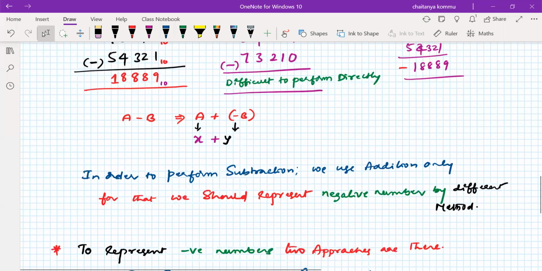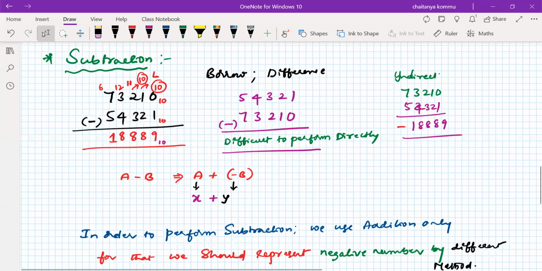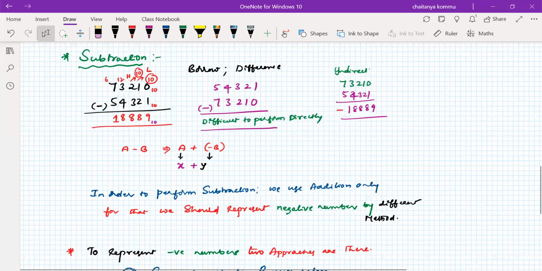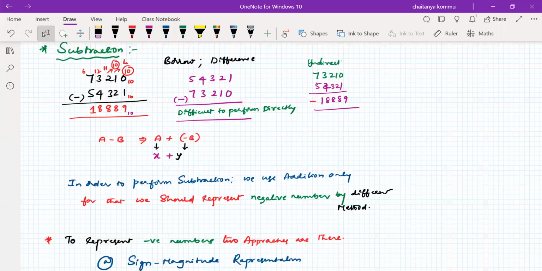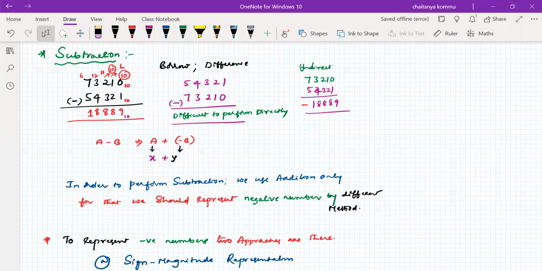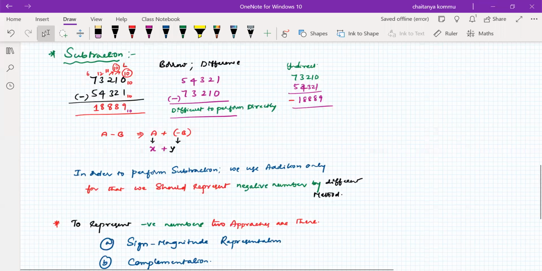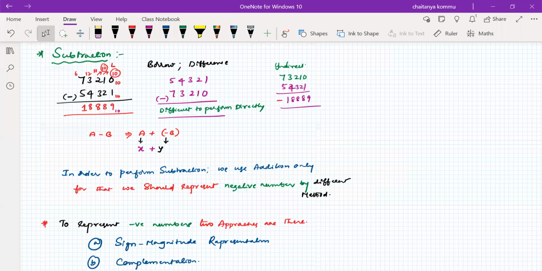The thing is that in order to perform an operation, we want to design one digital system. That digital system cannot give you an efficient result if you are using direct subtraction like shown.